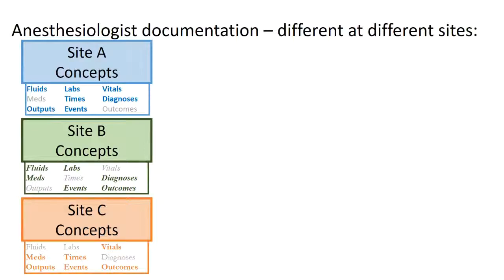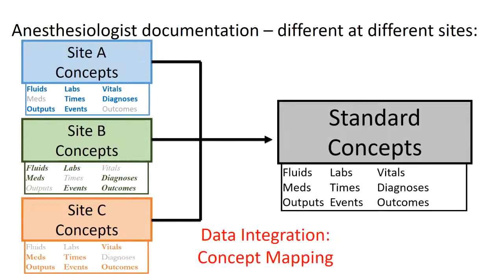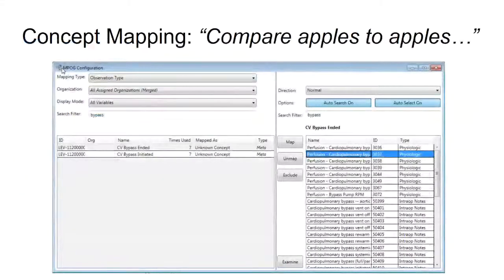But we need some tool to take all of these local EHR documentation and convert it into a standard concept that's semantically interoperable across sites, and we can make these comparisons. So we've created this tool that you don't need to be a computer scientist to use, called the concept mapping tool.